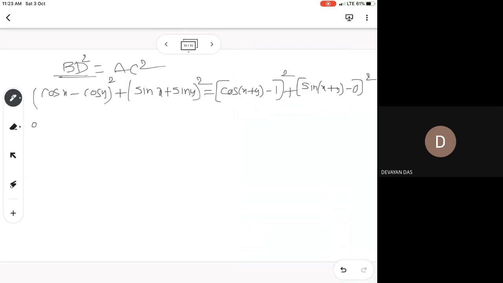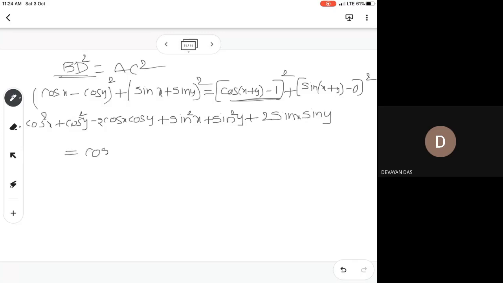What do you get here? cos square x plus cos square y minus 2 cos x cos y plus sin square x plus sin square y plus 2 sin x sin y, which is equal to cos square(x plus y) minus 2 cos(x plus y) plus 1, using the (a minus b) whole square expansion, plus sin square(x plus y). Now you tell me, cos square x plus sin square x is 1, and cos square y plus sin square y is equal to 1.